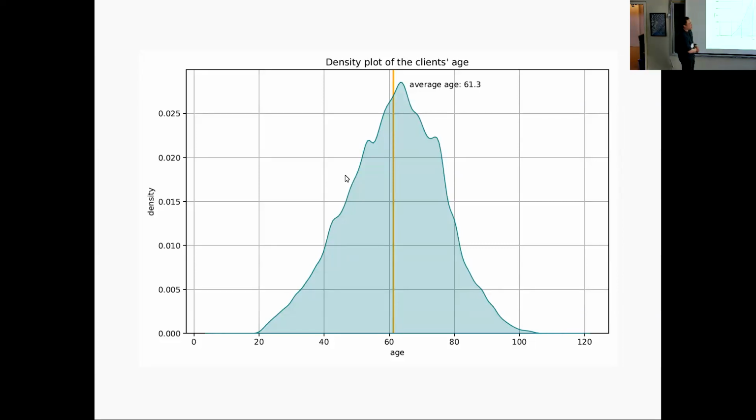So these clients are relatively wealthy Canadians. It would be interesting to have a more representative data set for average Canadians as well.